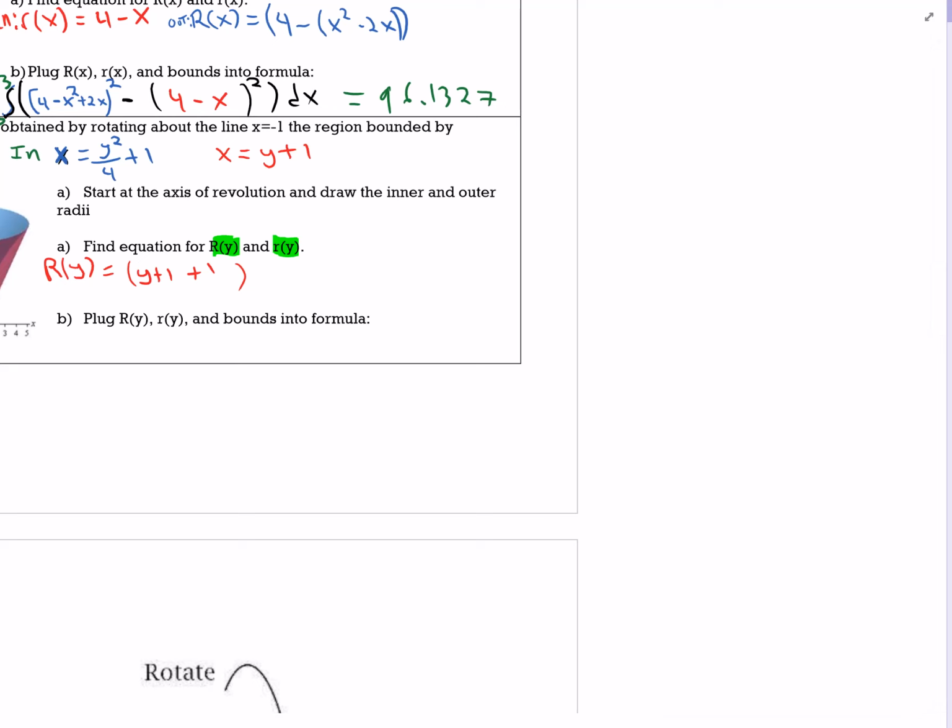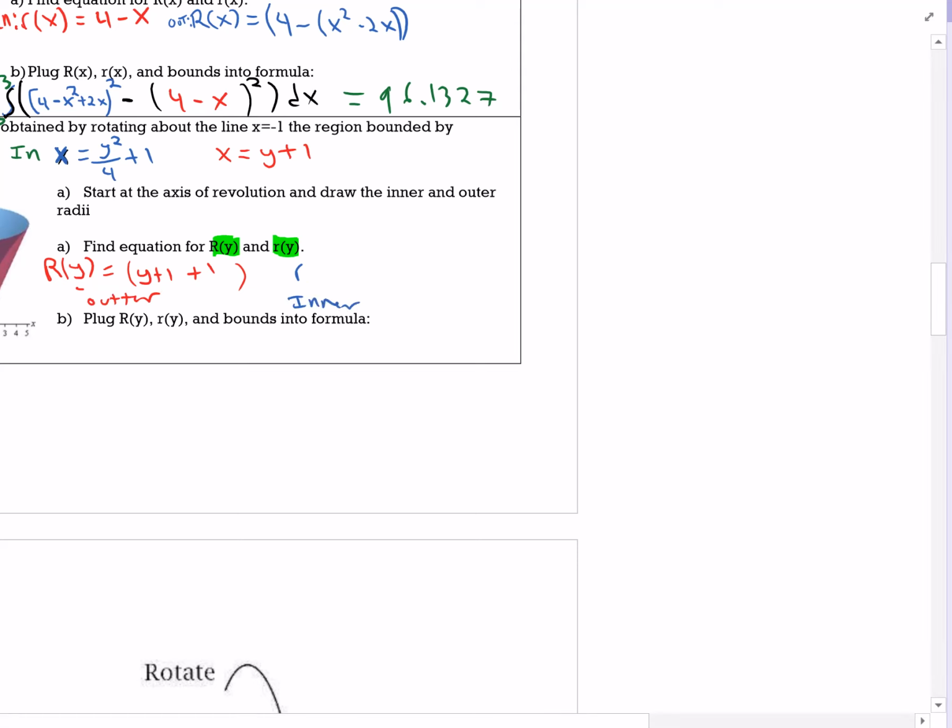And then the little r, the inner radius as well. Let me just make sure I'm writing this right. No, I messed that up. This one's outer. This one's the second one that we found, and this one, the blue one, was the inner one.